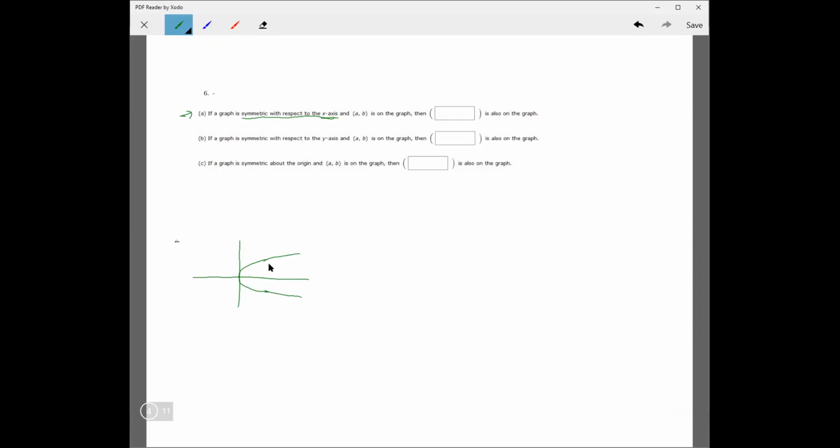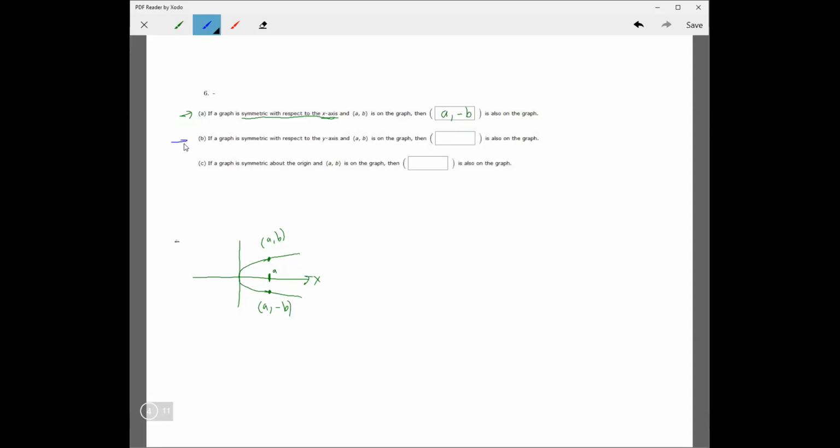It's a reflection across the x-axis. So if we have a point here called (a, b), then this x coordinate is a, and you have a point down here, which is also going to have x component a, but the y component is going to be negative b. Or if this point down here were (a, b), then up here it would be (a, negative b). So the answer here would be (a, negative b) is also going to be on the graph.